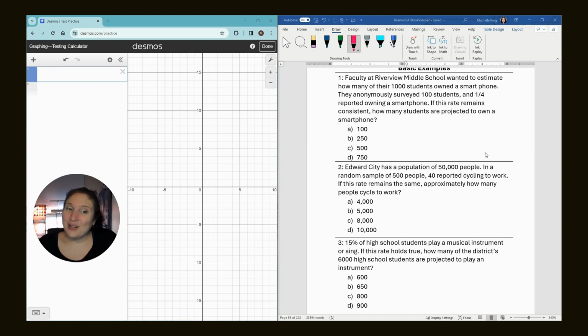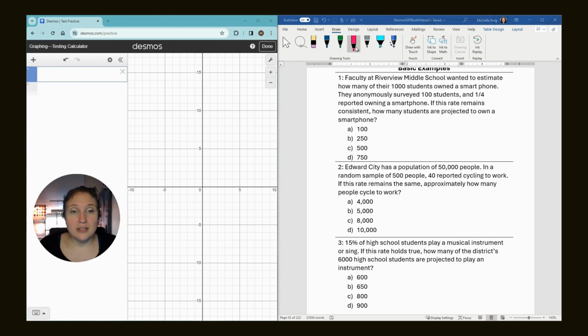Let's take a look. Question number 1 on page 53. Faculty at Riverview Middle School wanted to estimate how many of their 1,000 students owned a smartphone. They anonymously surveyed 100 students, and a quarter of those reported owning a smartphone. If this rate remains the same, how many students are projected to own a smartphone?